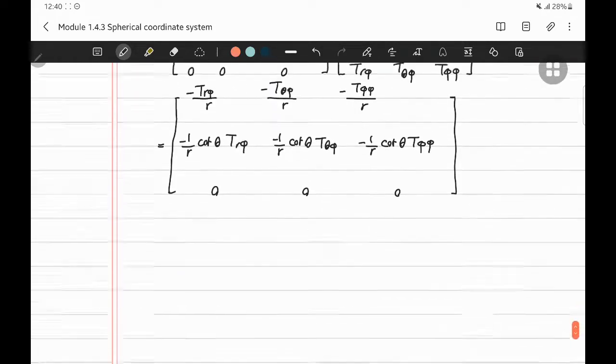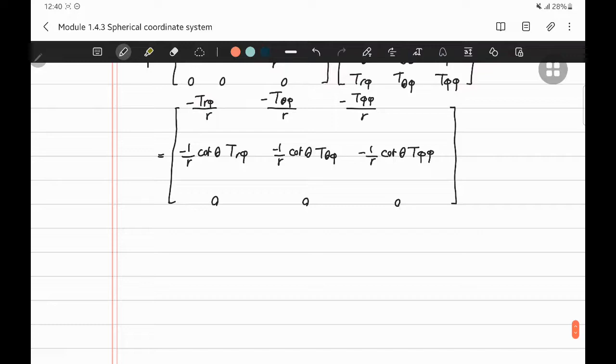So now the trace is the summation of the diagonals. So the trace of del E phi T transpose is minus T_rφ divided by r minus cotangent θ divided by r T_θφ.